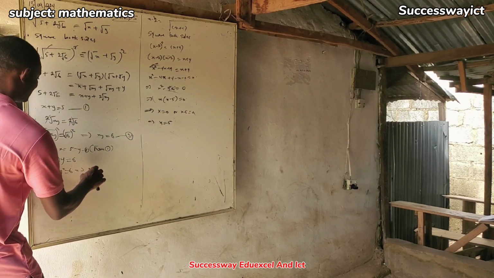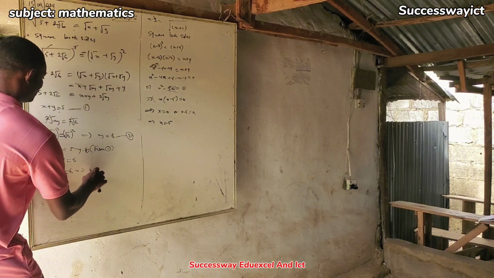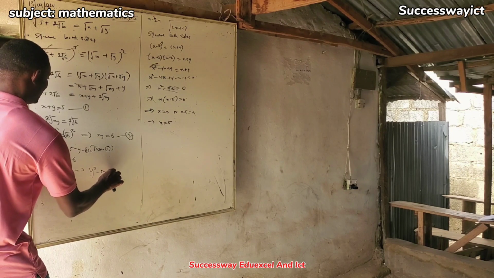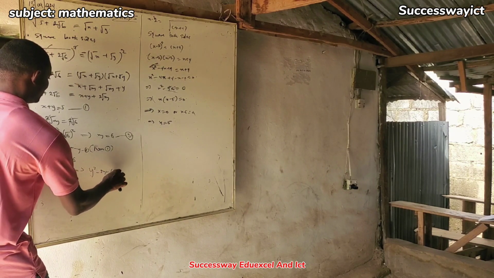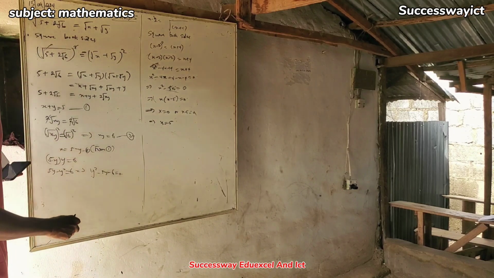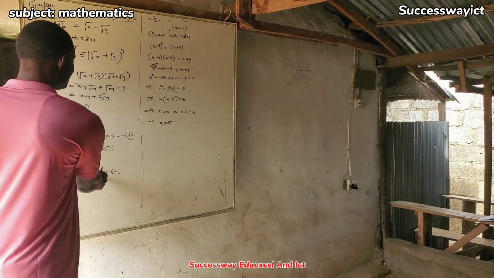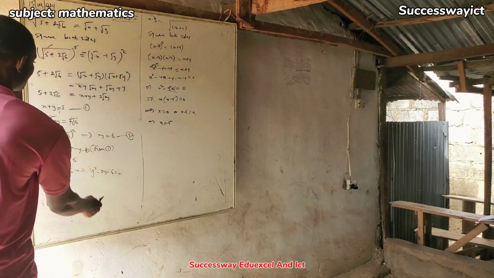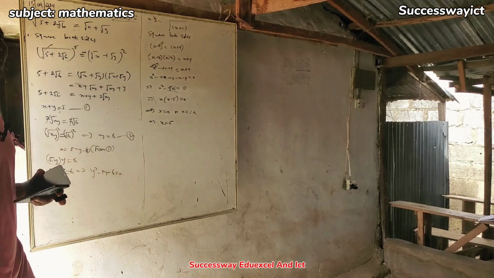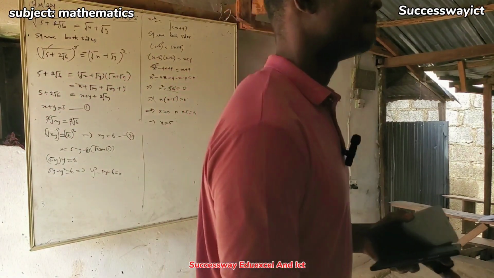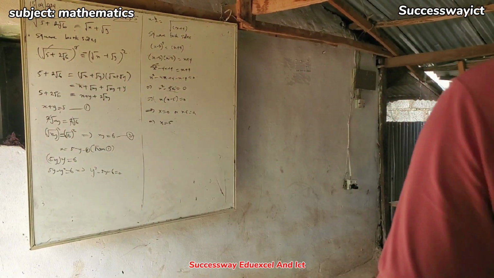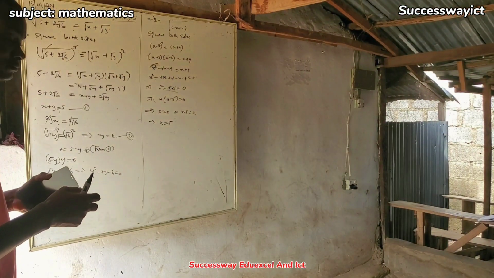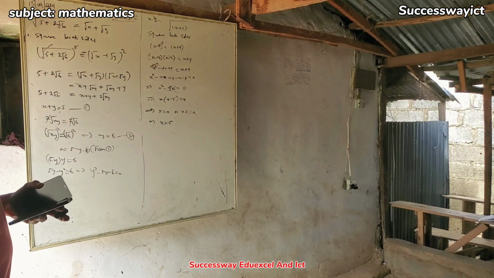This implies that I have y squared minus 5y minus 6 is equal to 0. What's the value of y from here? From here, find the value of y.